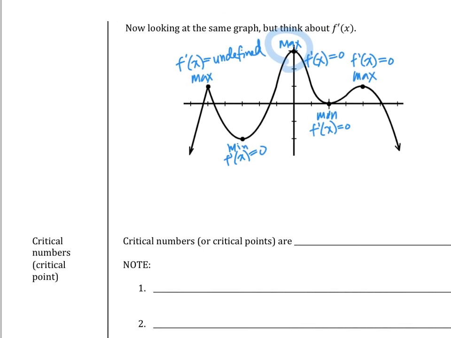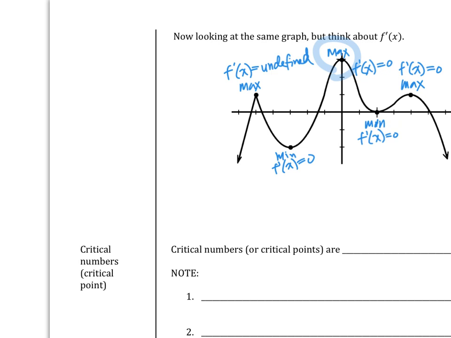And so what's interesting about maximum and minimum of the original graph being f of x, is that at the maximum and minimum of f of x, the derivative is 0. But not everything is 0, right? We had this one where it is a maximum of f of x, but the derivative is undefined because of the sharp corner.